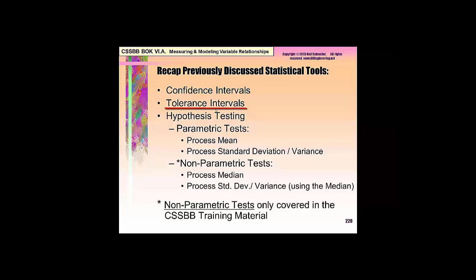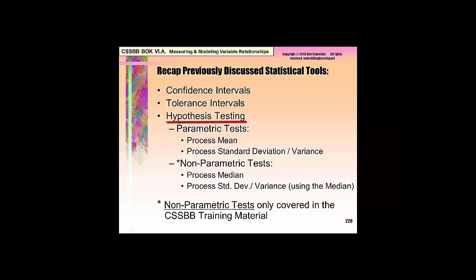Tolerance intervals give us a region where we can expect 95 or 99% of our process output to fall within that region with, say, a 95 or 99% confidence level. A lot of companies will also calculate the tolerance intervals when they're doing process validation activity, and if the tolerance intervals fall within the upper and lower spec limits, then they deem the process capable.